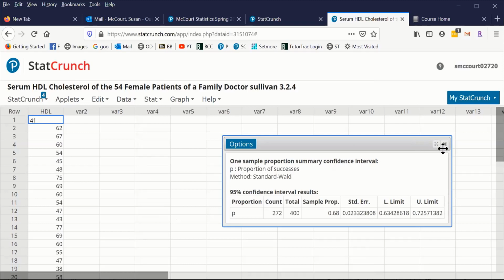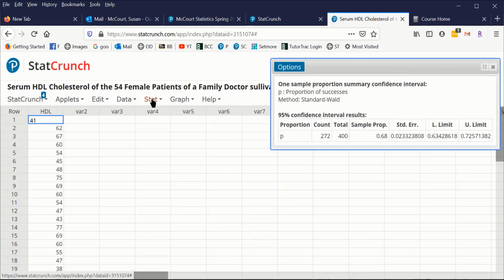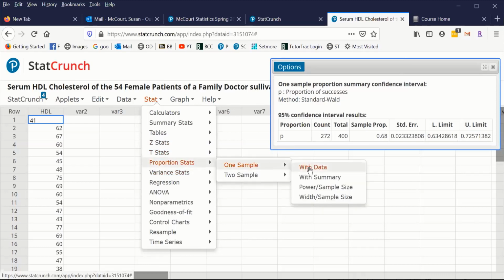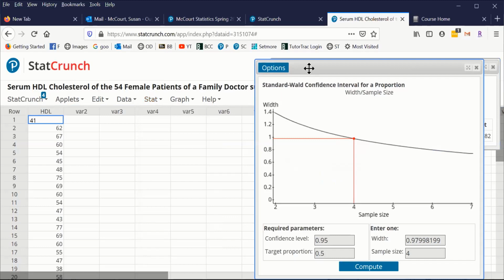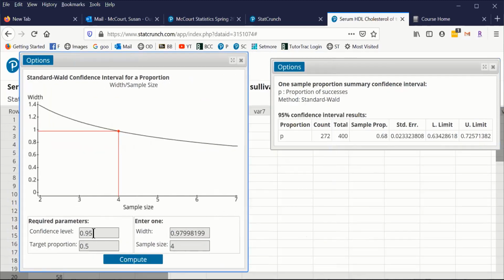Okay, so the second part asks us to find the sample size for a confidence interval. So it's Proportion Stats again, One Sample, and With Width, Sample Size. Our confidence level is 95%. Our target proportion, they didn't say anything about a prior estimate.